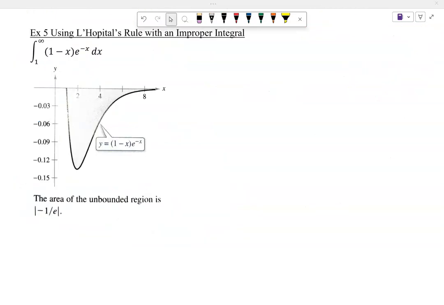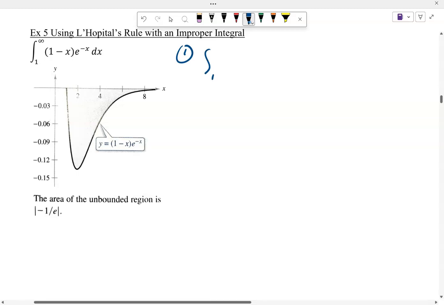Interesting. So we've got an improper integral where we're going to actually have to use L'Hopital's rule. So we've got another type 1, number 1. Let me set this up first.